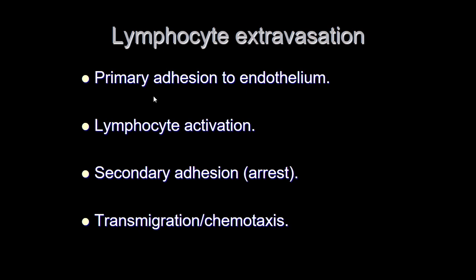The first step is the primary adhesion to the endothelium, and then after that we have the cytokines that are produced to make the lymphocytes activated, lymphocyte activation to produce the ligands. And then the third step, the secondary adhesion, primary and then secondary adhesion, or the arrest.